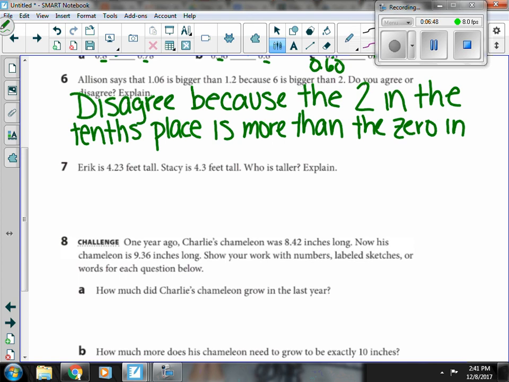And we know that it's not how many decimals there are, but where those are in their place value that makes the difference.